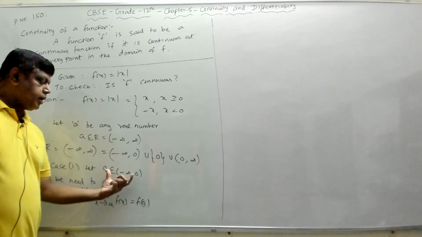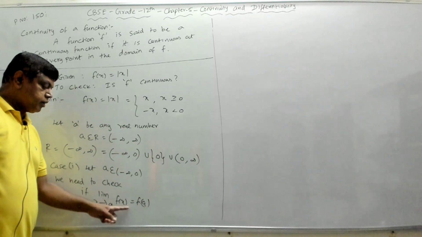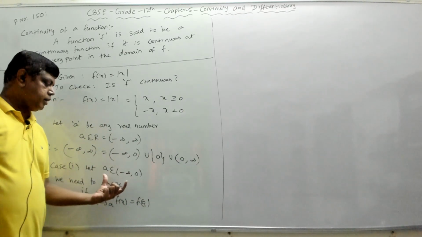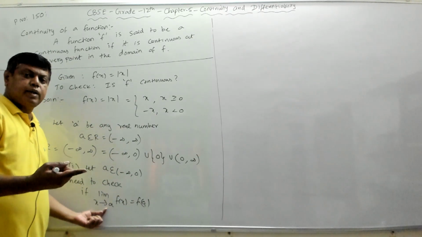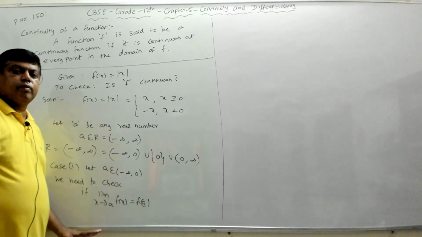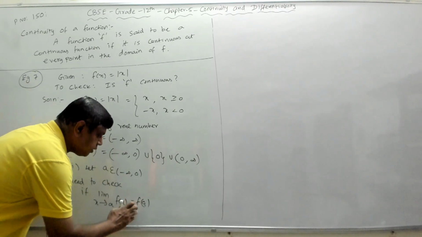So we are taking any negative number, and if you prove that it is true for any negative number, then it is true for every negative number, right? So here we are not taking any particular value for a. a is any real number, but a comes from this set, which means a is a negative real number. So we need to check whether the limit as x goes to a of f of x is equal to f of a.